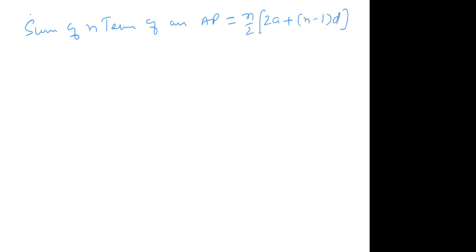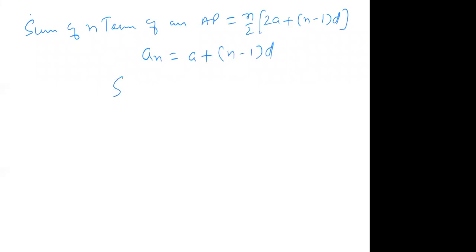So the sum of n terms of an arithmetic progression, that formula you must remember. Sum of n terms of an AP is equal to n upon 2 into 2a plus n minus 1 into d. This is the formula you have to remember. And the nth term, which we did in the previous class, was a plus n minus 1 into d.